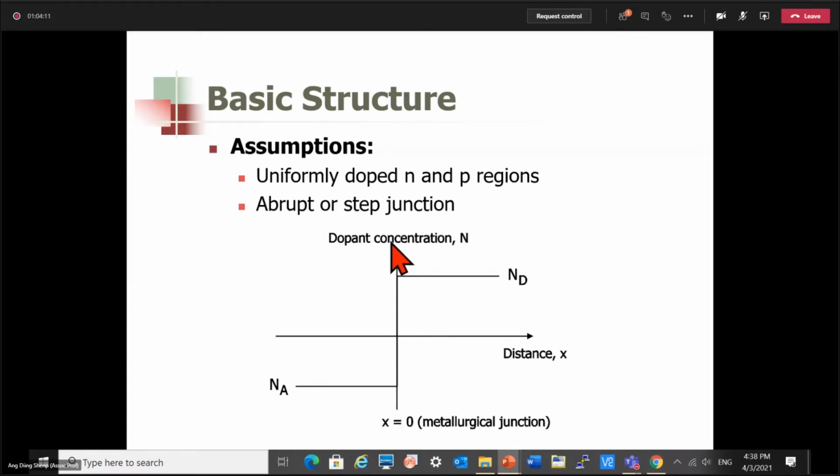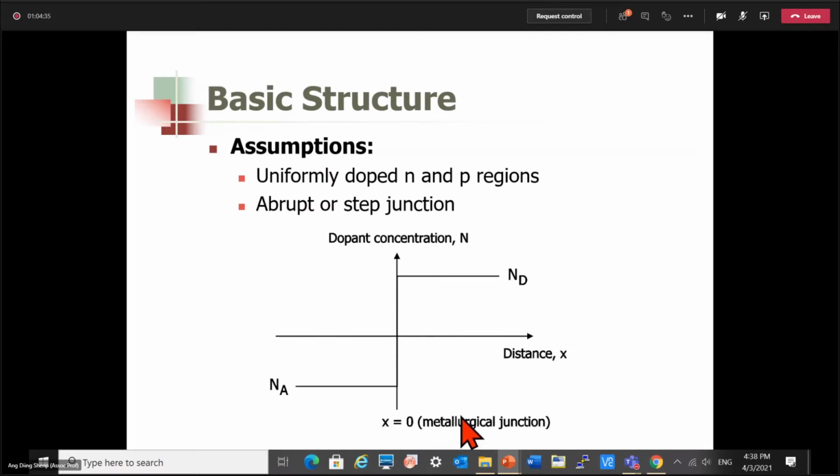So if you try to plot the doping concentration versus the distance, on the P side, which is on the left, the doping concentration or the acceptor impurity concentration is constant all the way up to the metallurgical junction. Likewise, on the N side, the donor doping concentration is constant all the way up to the metallurgical junction.